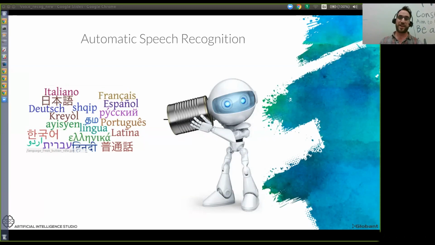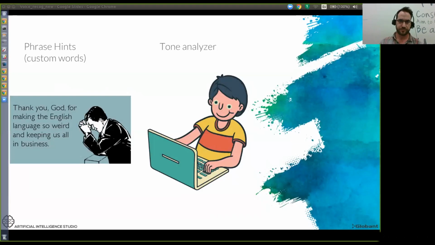Capable of performing real-time transcriptions with human-like accuracy. We are talking about human-like accuracy, so those systems are very trustable. Another service you can use is phrase hints, where speech recognition can be customized to a specific context by providing a set of words and phrases that are likely to be spoken.